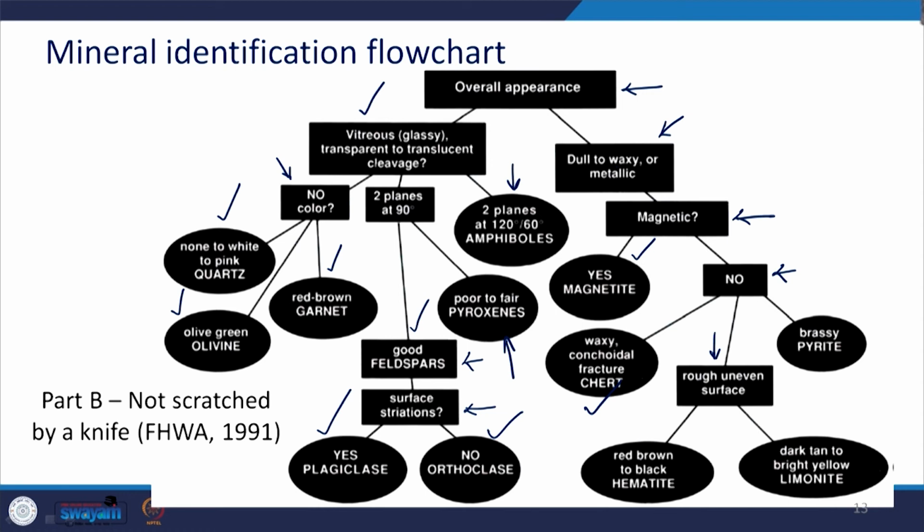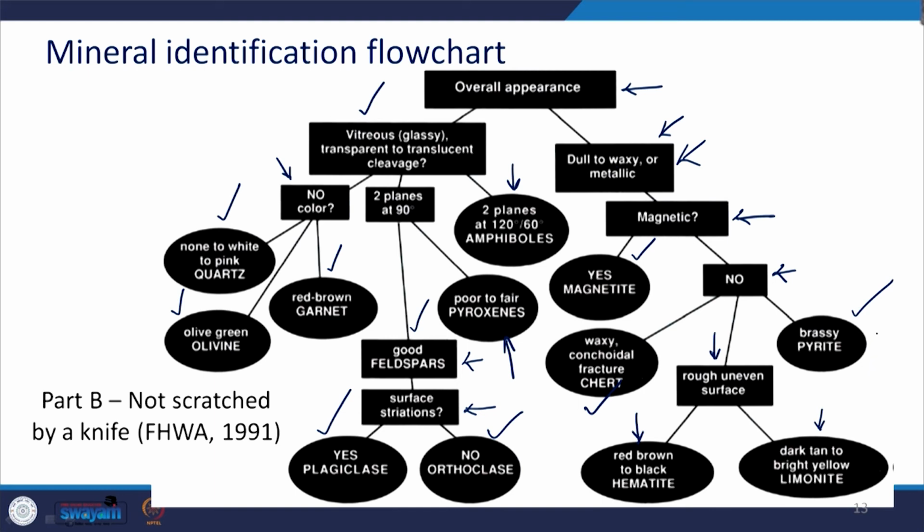If it is from red brown to black, it is hematite. If it is dark tan to bright yellow, then it is limonite. If the appearance is dull and it is not magnetic, and it has a look of brass, then it is the mineral pyrite.